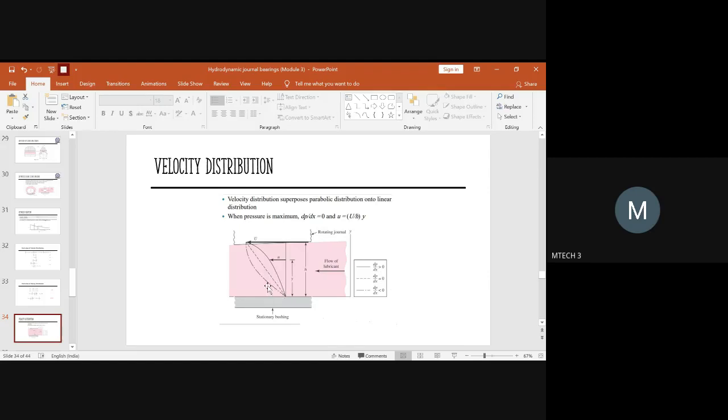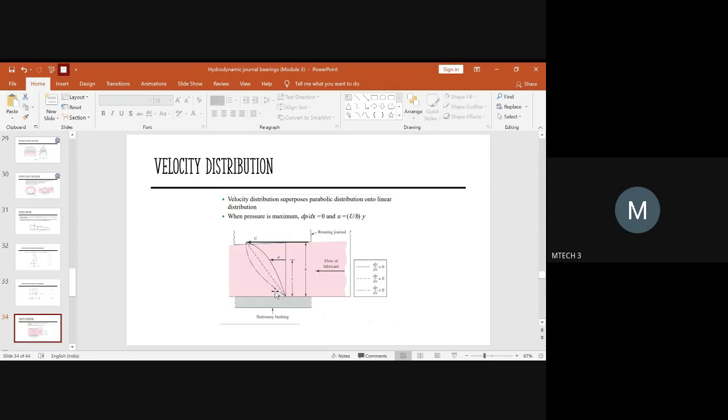So it depends upon how the velocity distribution comes into the picture. The distribution could be parabolic, or it could be linear. Depending upon how the velocity has been distributed, dP/dx could be greater than 0, equal to 0, or lesser than 0. And all three natures of the velocity distribution are shown here.